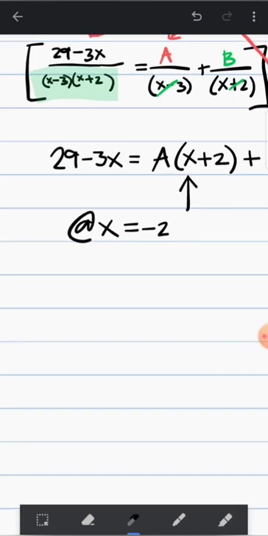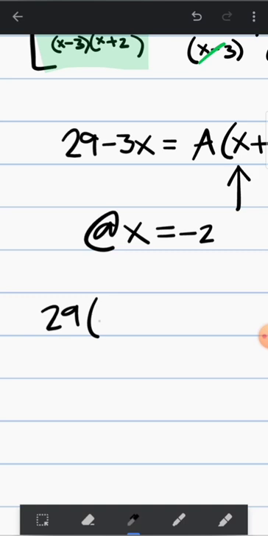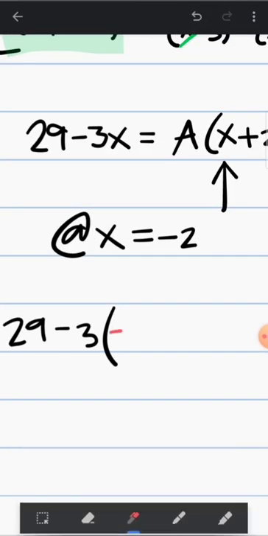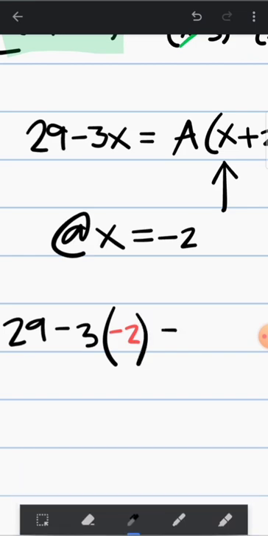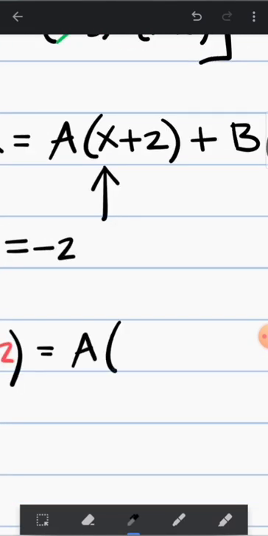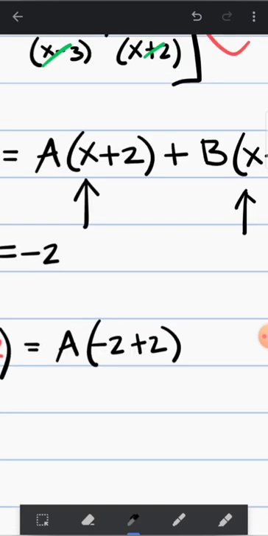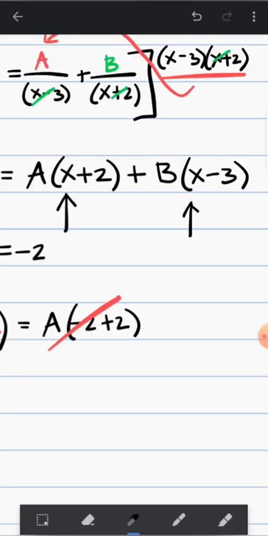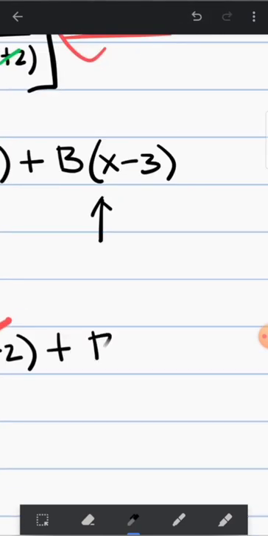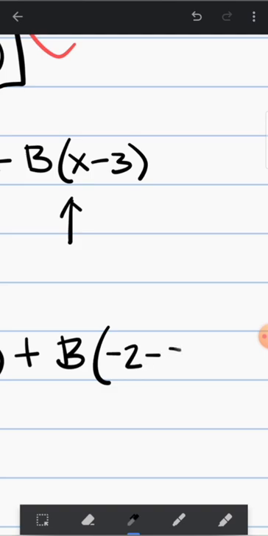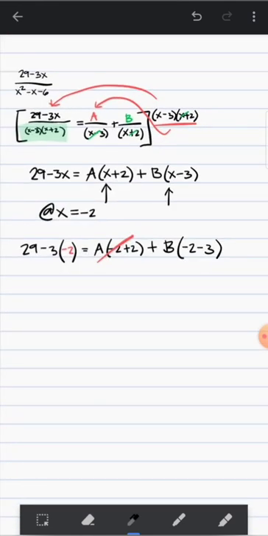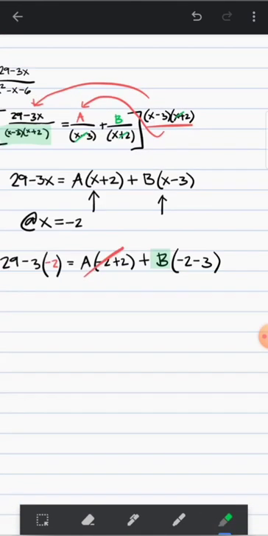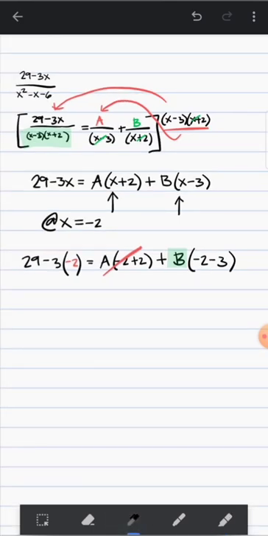If we plug in x, we have 29 minus 3 times negative 2, equals a times negative 2 plus 2, which cancels out because negative 2 plus 2 is 0, and 0 times a is 0, plus b times negative 2 minus 3. So now we've only got b as an unknown, and we can solve for b.